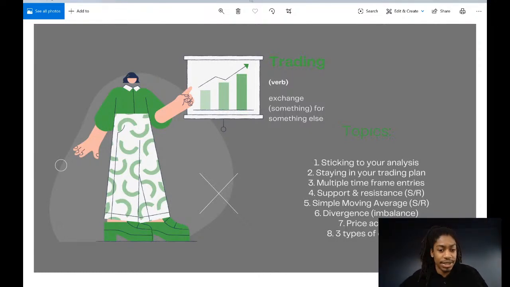So here's basically what we're going to focus on with the topics for right now. This webinar is just focused on entries and risk management as a whole. The first webinar that we did is more trading plan based. These are the requirements for your trading plan. And then the second webinar is basically psychology.